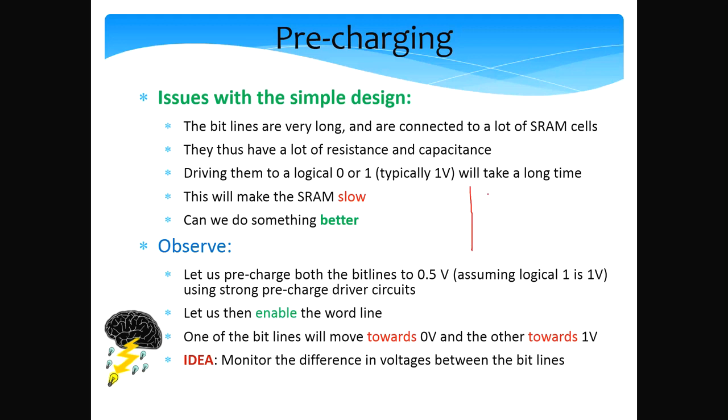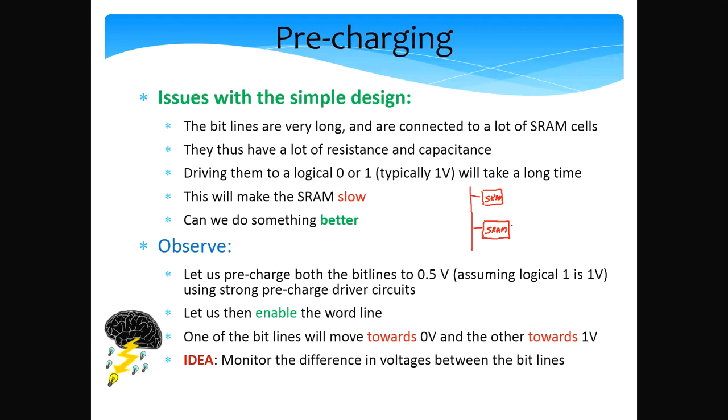The wire is long because literally thousands of SRAM cells are connected to it. So this will make the SRAM very, very slow, and the question is, can we do something better? We definitely can do something better, but let's start with this idea.